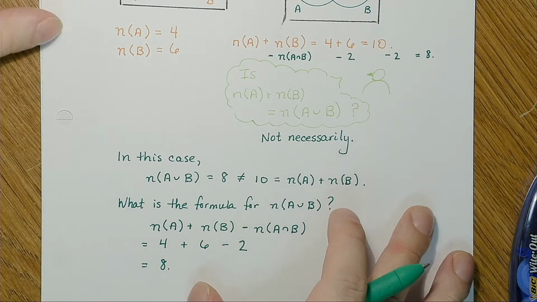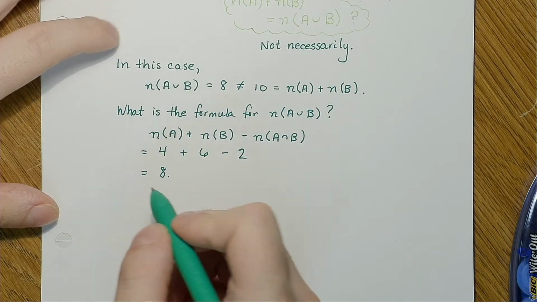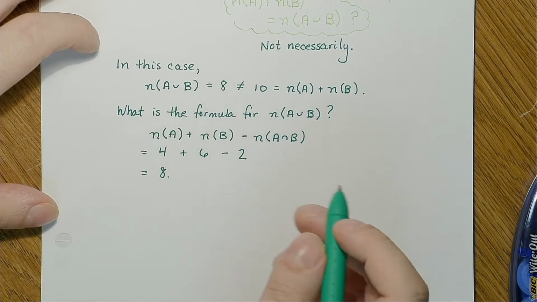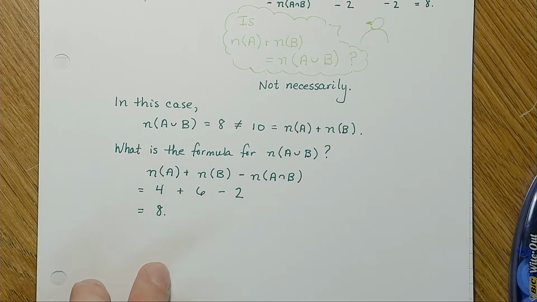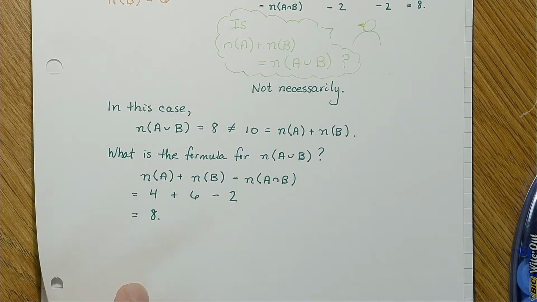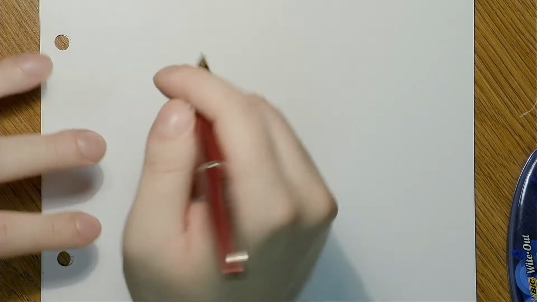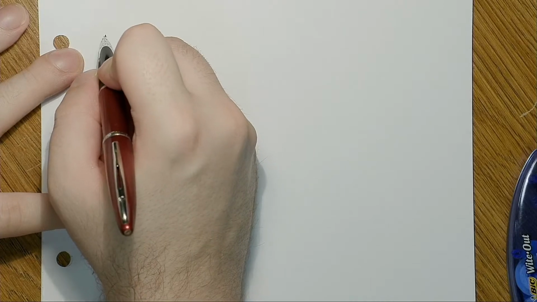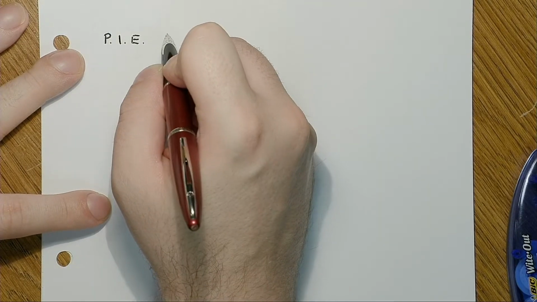So this is kind of the formula. So I'll write this out. This is kind of a summary of what we've found. So this is the principle of inclusion-exclusion for 2 sets.